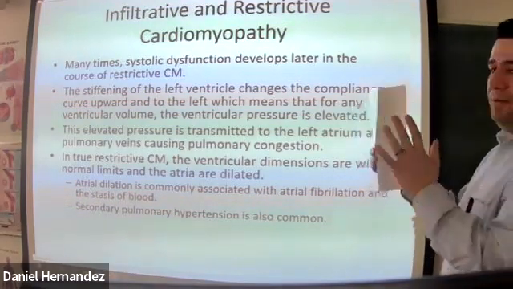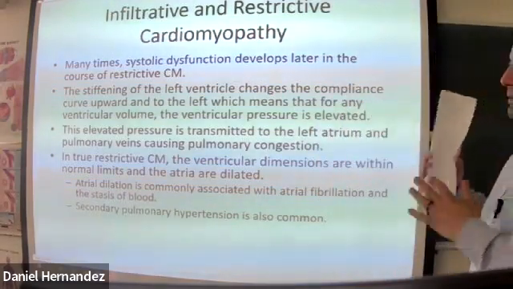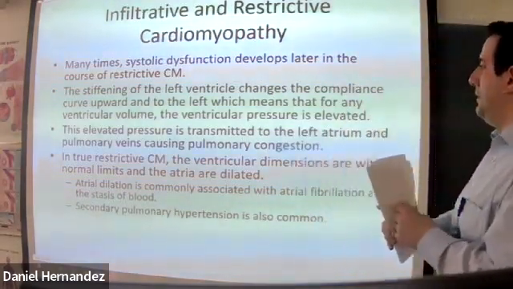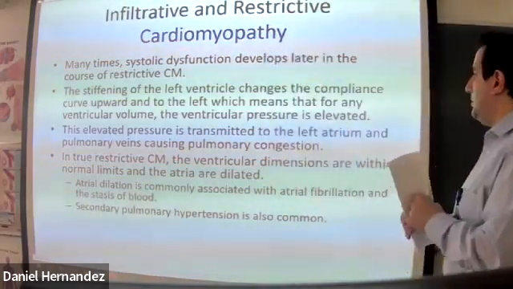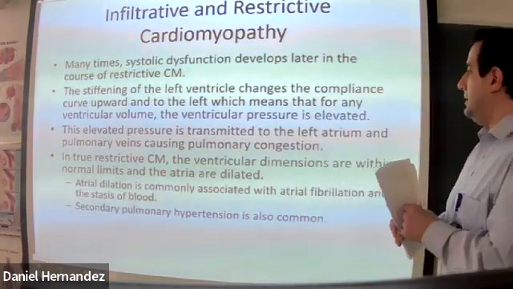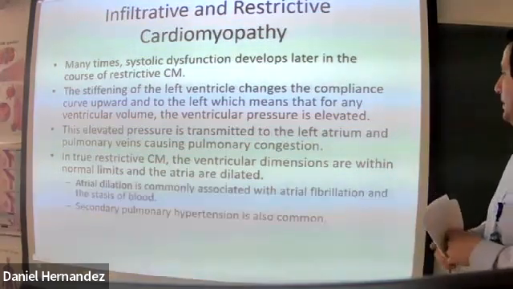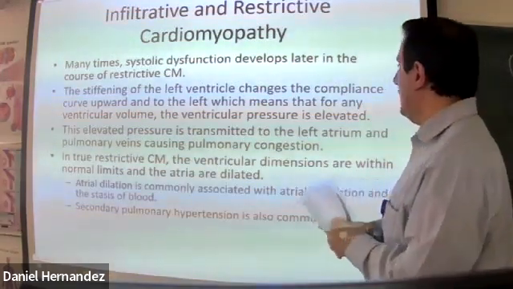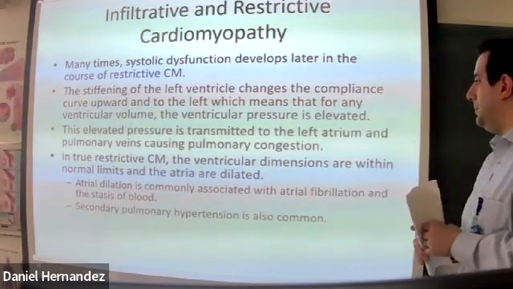So basically, this stiff myocardium in the ventricle is not going to be able to expand, and we still have the same amount of blood trying to get into that ventricle, but it's not able to be compliant and expand. And it's going to drastically increase those left ventricular pressures. This elevated pressure is transmitted backwards into the left atrium and pulmonary veins. And this causes pulmonary venous congestion, pulmonary hypertension.